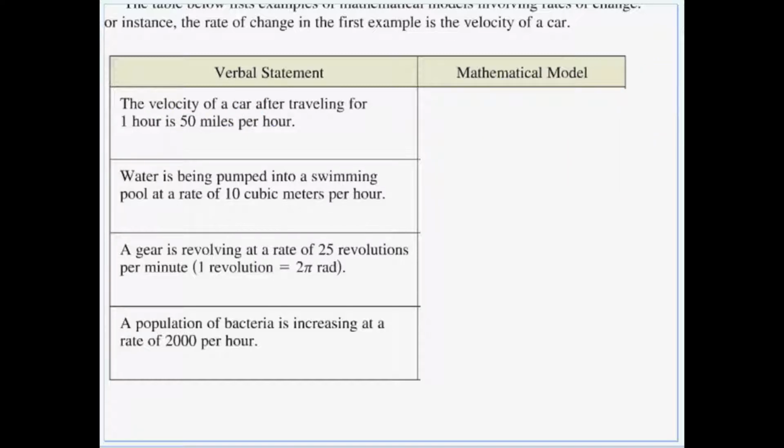Number 2, water's being pumped into a swimming pool at a rate of 10 cubic meters per hour. So here we're talking cubic, so some kind of a volume. And where water's being pumped into a pool, it looks like V would be the volume of H2O in the pool.